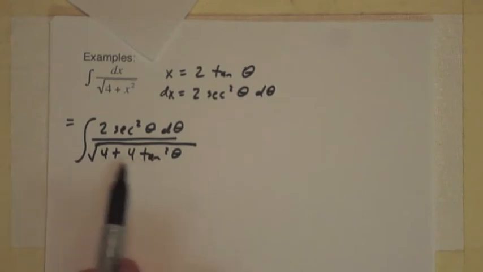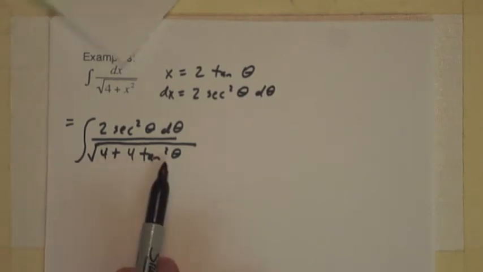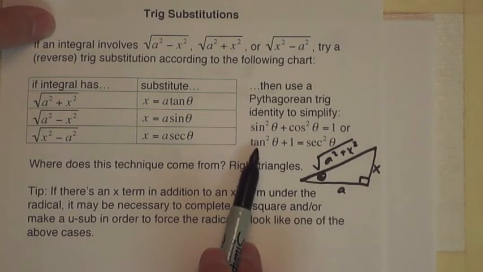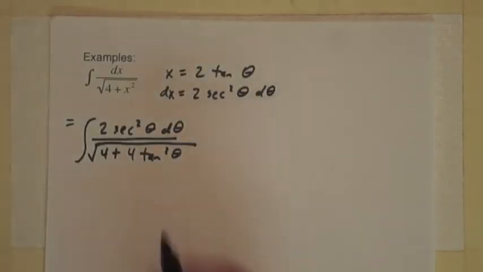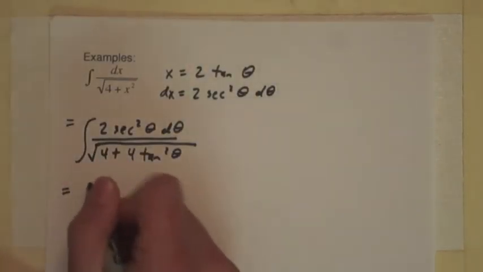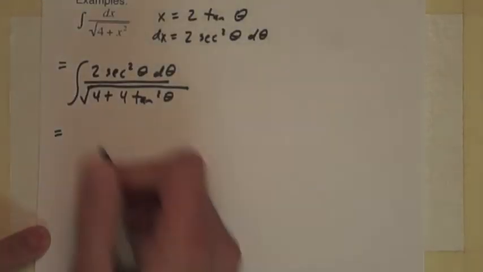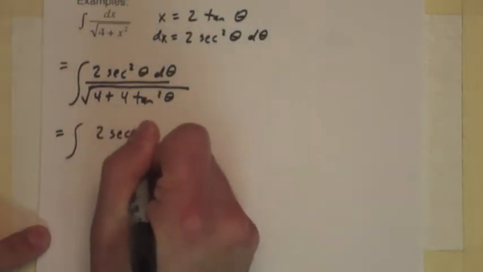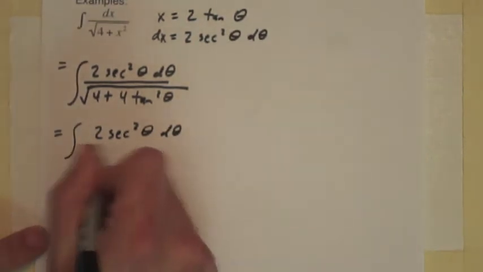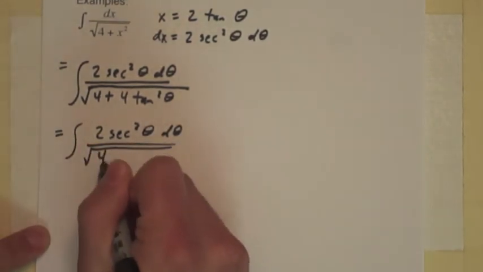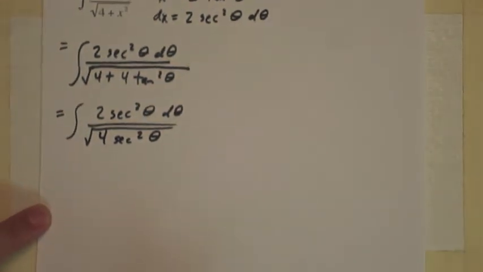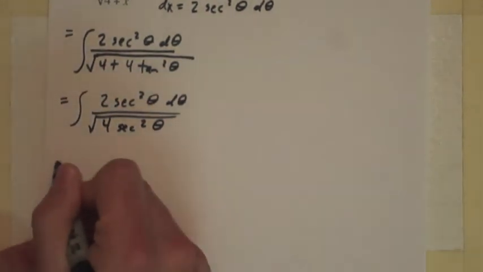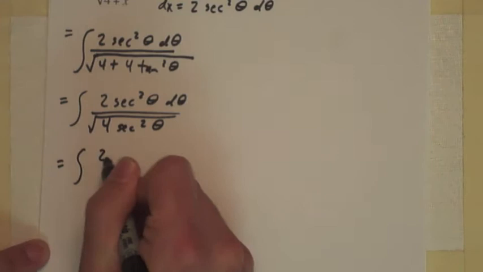This thing, 4 plus 4 tan squared theta, is just 4 times 1 plus tan squared theta, so it should be equal to 4 secant squared theta. Let's do that and see what happens. The top stays the same, and on the bottom we get 4 secant squared theta. Well, you probably see what's going to happen.